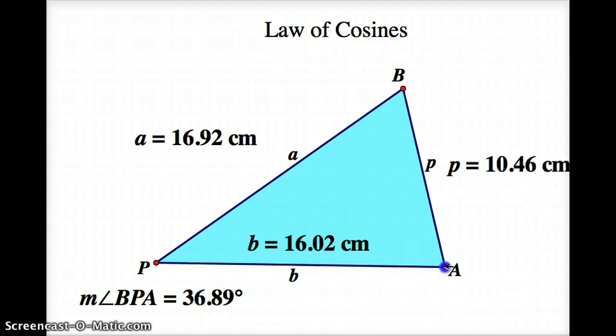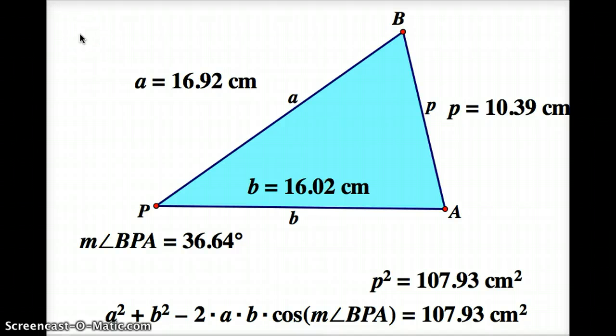Okay, so those are my values, and we want to talk about how this is related to the law of cosines. The law of cosines says that if I have an angle, here's P, my angle, and a side opposite it, there is a relationship, which I have described here below.